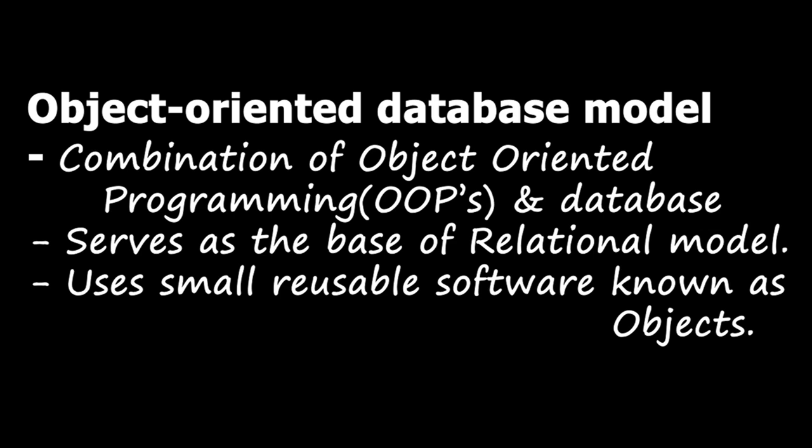This model uses small reusable software pieces which are called objects. Okay, an object is a small unit, right? These can be reused also, and they are stored in the object oriented database. Okay, this model efficiently manages a large number of data types.